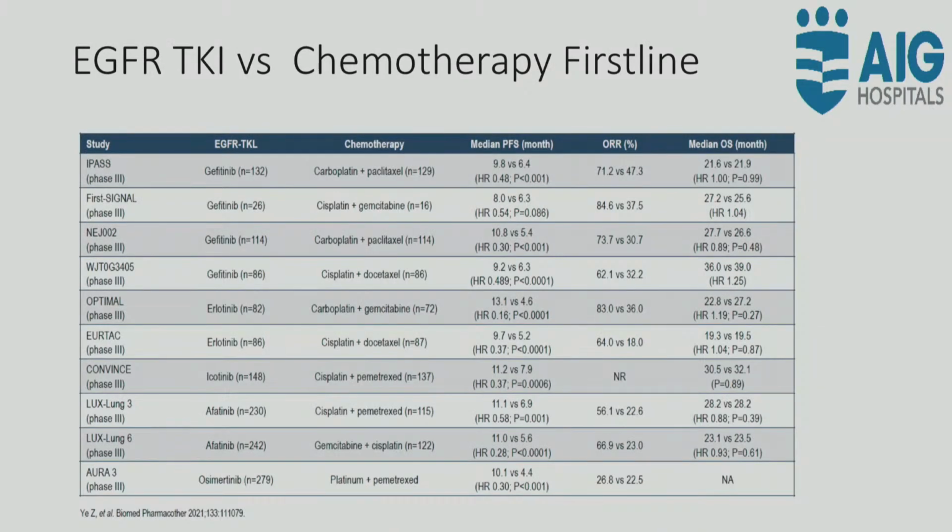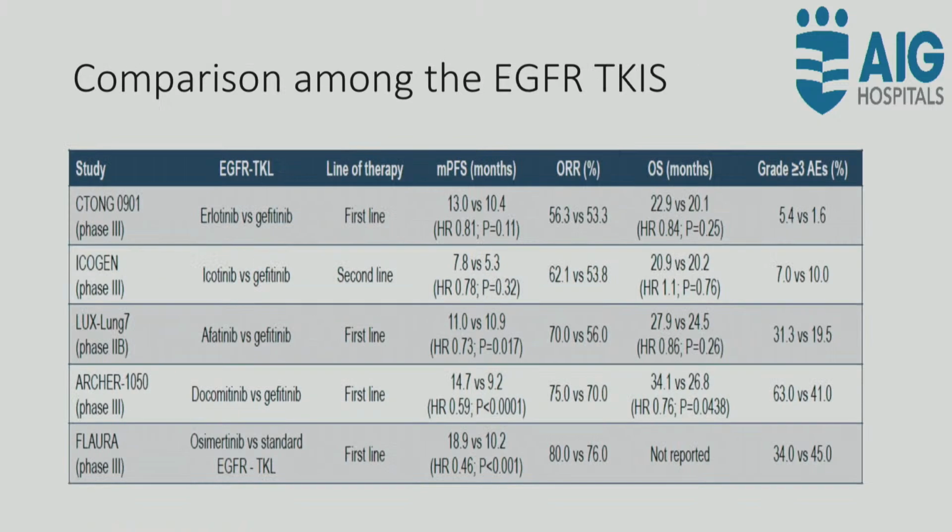And yes, people have compared EGFR TKIs with chemotherapy and have proven superiority in various lines, be it the second line or the first line. These are the trials with various EGFR inhibitors versus chemotherapy, where superiority was shown. Among the EGFR TKIs also, the third generation TKI, osimertinib, was shown to be superior to the first and second generation.